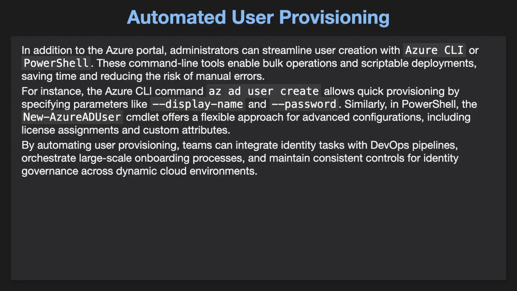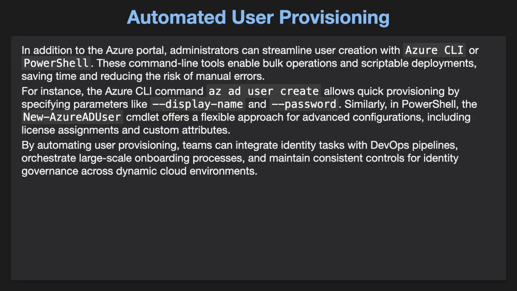In addition to the Azure portal, administrators can streamline user creation with Azure CLI or PowerShell. These command line tools enable bulk operations and scriptable deployments, saving time and reducing the risk of manual errors. For instance, the Azure CLI command az ad user create allows quick provisioning by specifying parameters like display name and password.